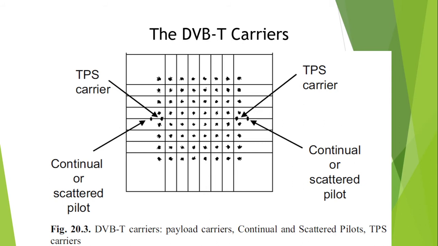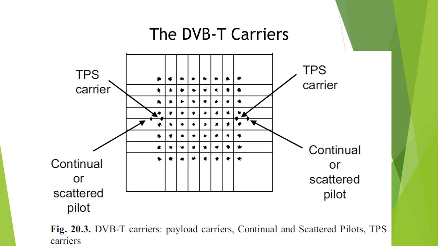The scattered pilots are scattered over the entire spectrum of the DVB-T channel, from symbol to symbol, and virtually constitute a sweep signal for the channel estimation. Within each symbol, there is a scattered pilot every 12th carrier. Look at the figure.